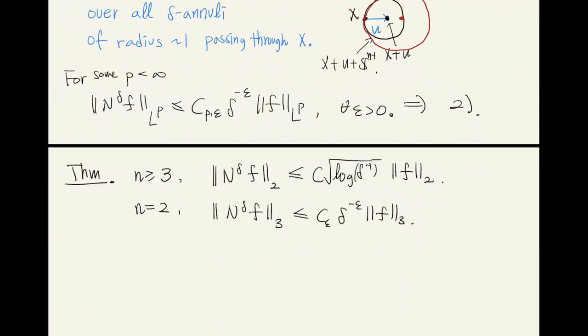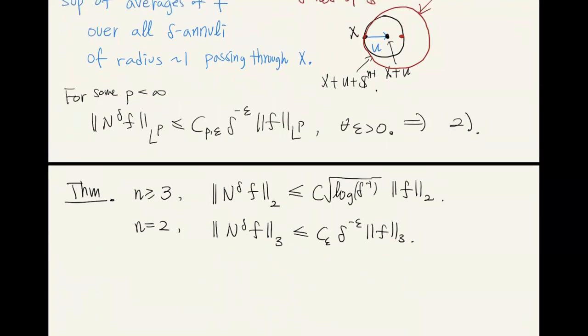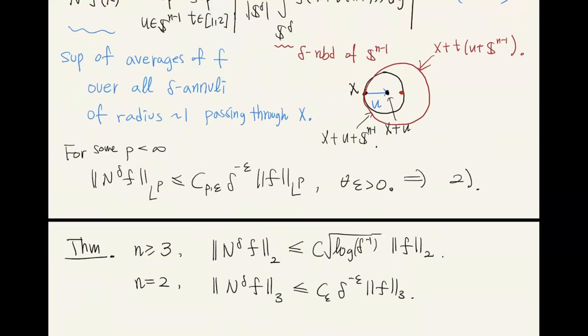And I should mention that the maximal function considered by Kolasa and Wolff for the BRK sets also satisfies similar Lp estimates. In dimension 2, the maximal function satisfies an L3 estimate, and in dimension bigger than 2, they prove an L2 estimate.